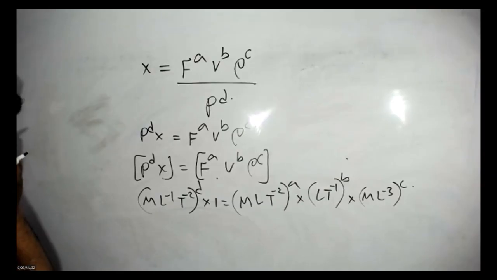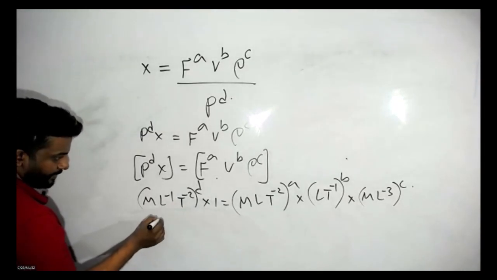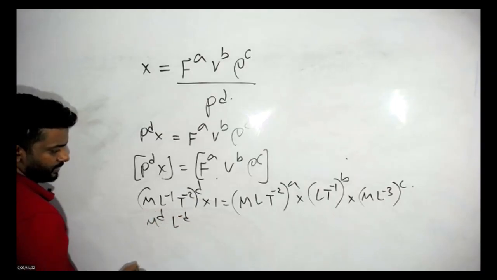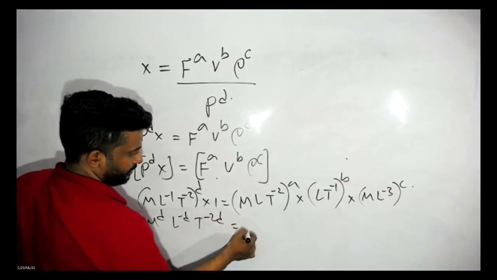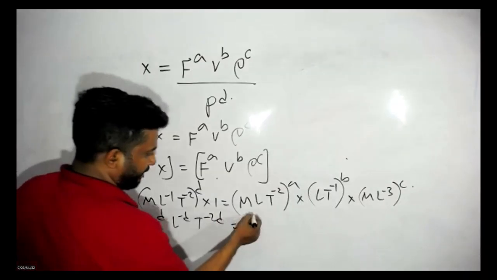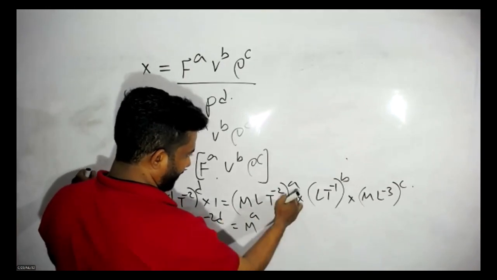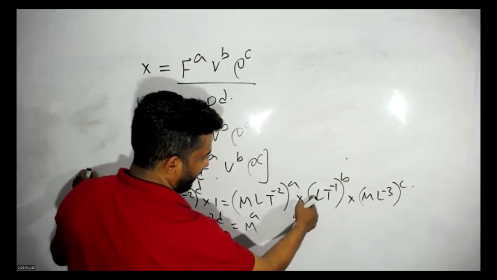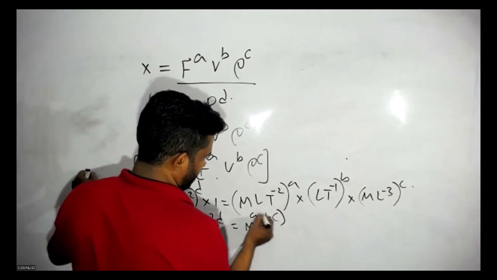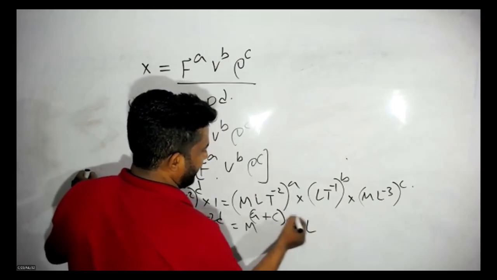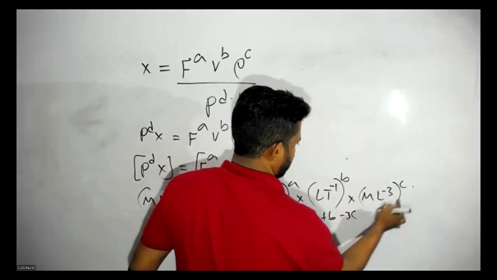Then you can expand this formula. On the left side: M to the power d, L to the power minus d, T to the power minus 2d. On the right side: M to the power a, M to the power c; L to the power a, L to the power plus b, L to the power minus 3c.